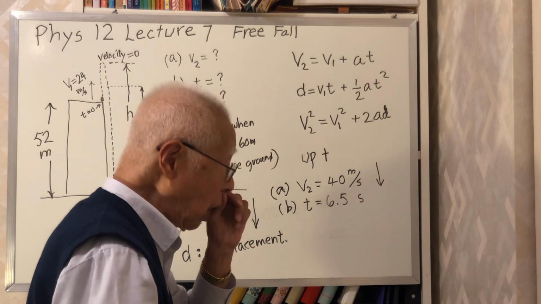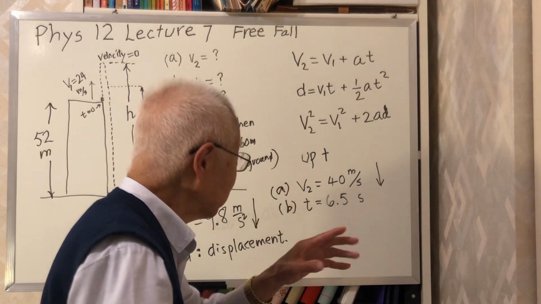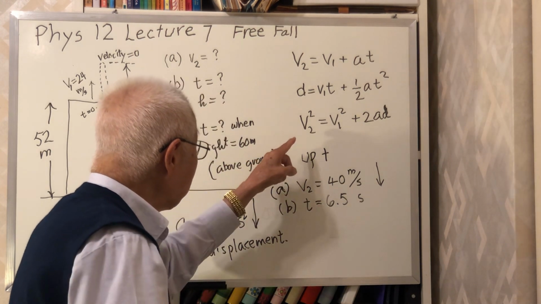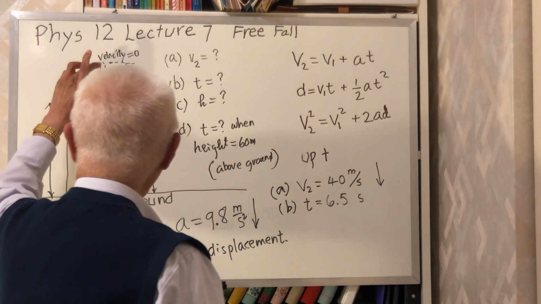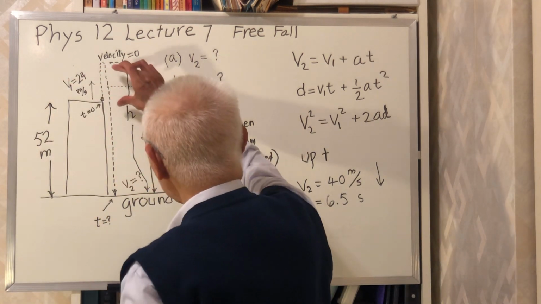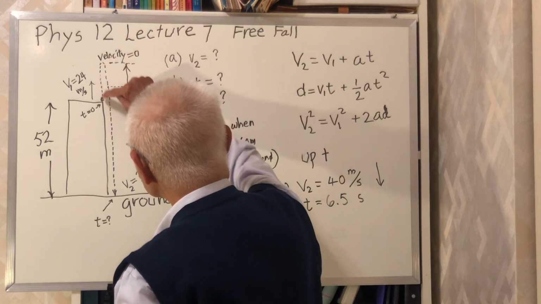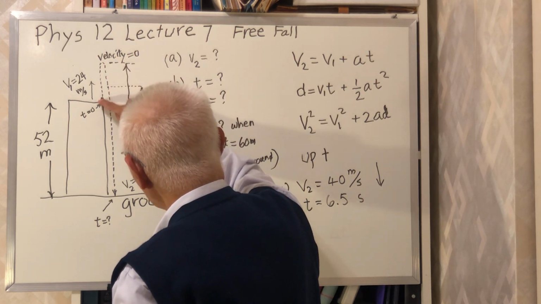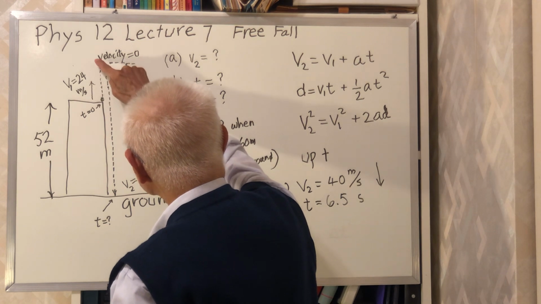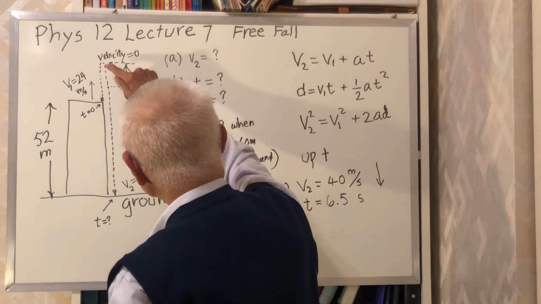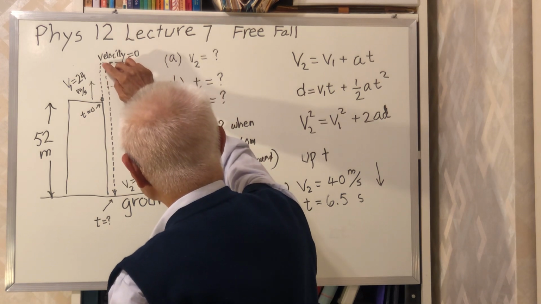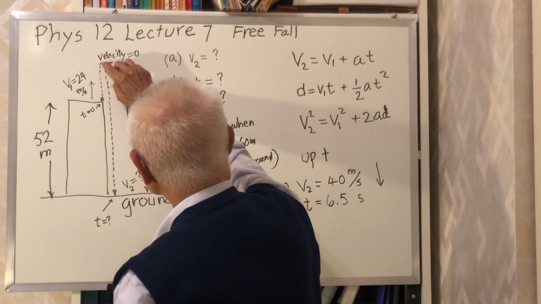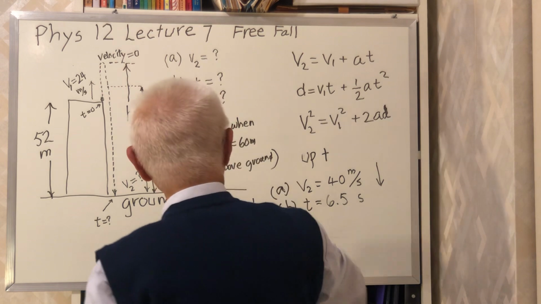Let me say it again. Because I want to find this height, this is point 1, this is point 2. So V2 is a velocity here. But at the highest point, V2 is 0, velocity is 0.